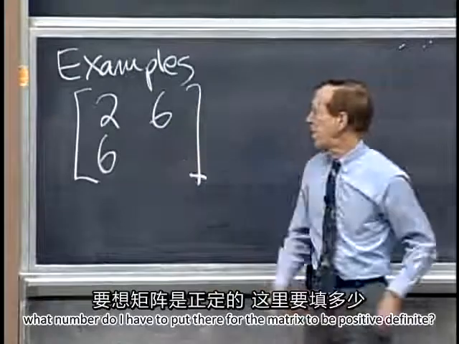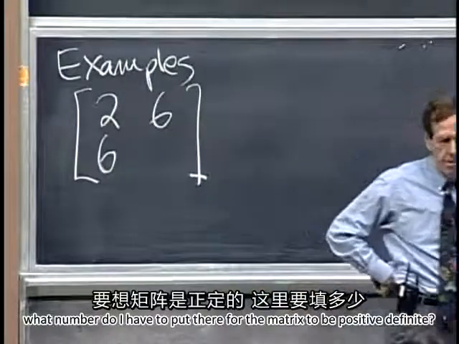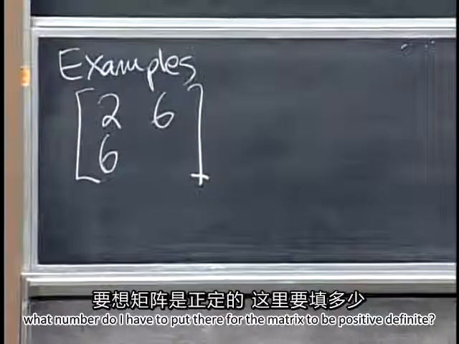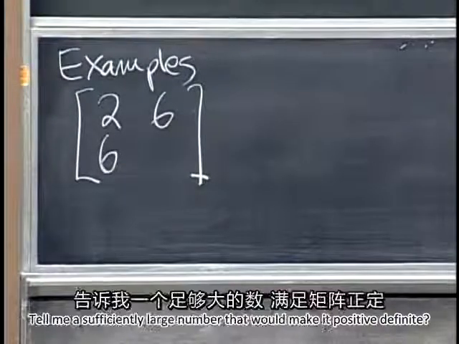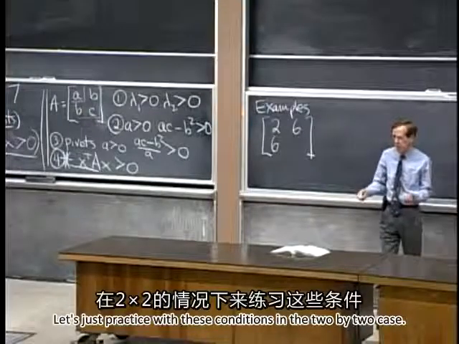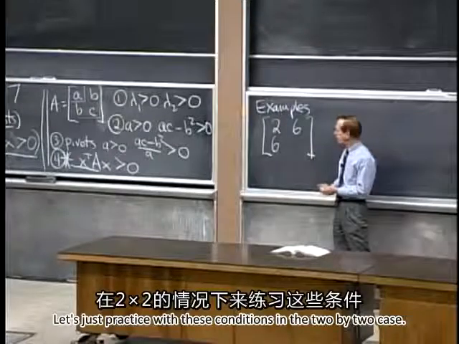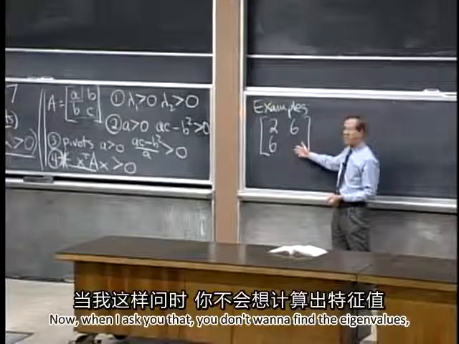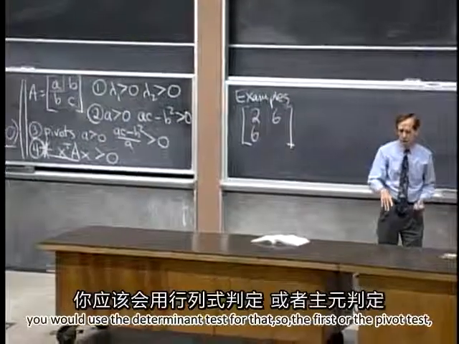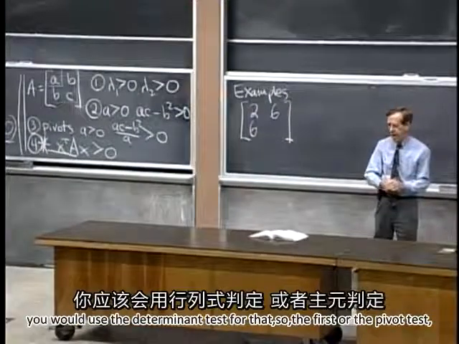Tell me, what number do I have to put there for the matrix to be positive definite? Tell me a sufficiently large number. Let's just practice with these conditions in the 2 by 2 case. When I ask you that, you don't want to find the eigenvalues. You would use the determinant test for that.